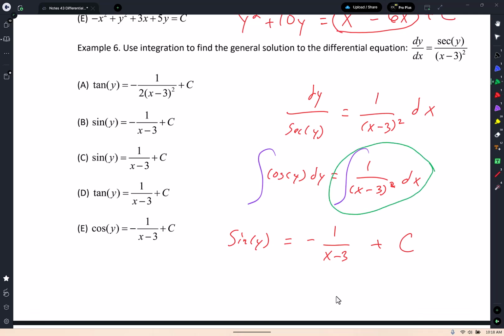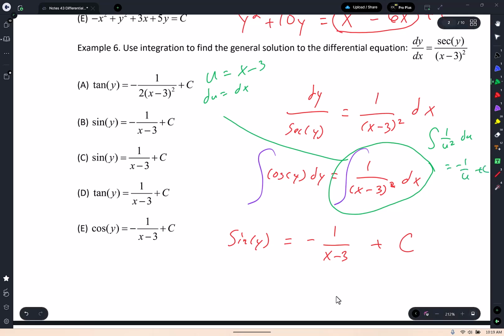I don't think this is one of those that requires u sub, but if you wanted to, u equals x minus 3, du equals dx. So then this turns into 1 over u squared du. That's the same thing as u to the negative 2, antiderivative, add 1, divide by that number, negative 1 over u. So negative 1 over u plus c. So there it is, negative 1 over x minus 3 plus c.